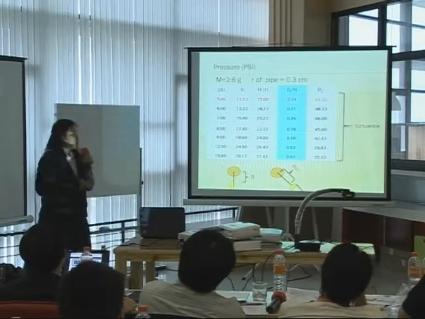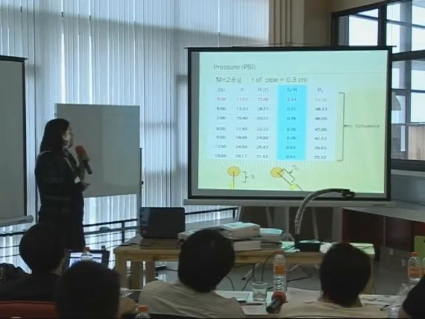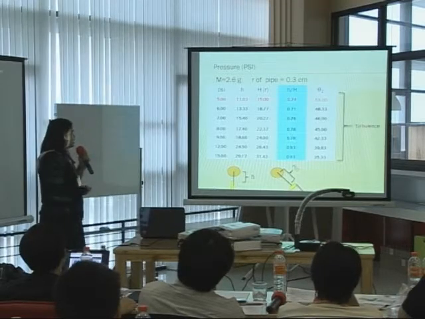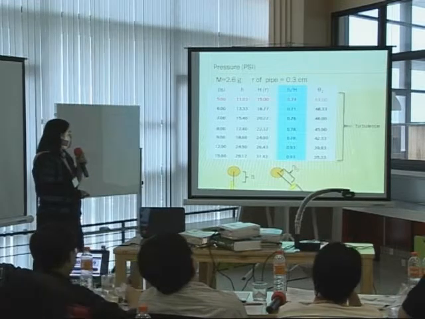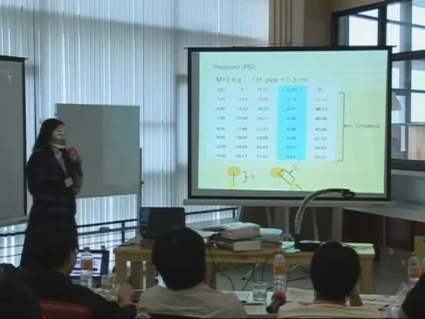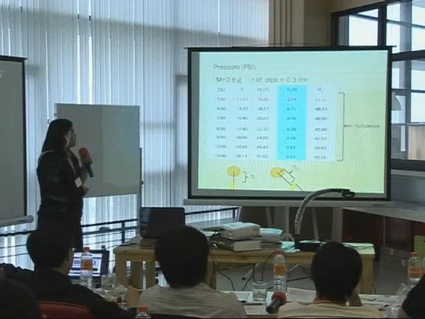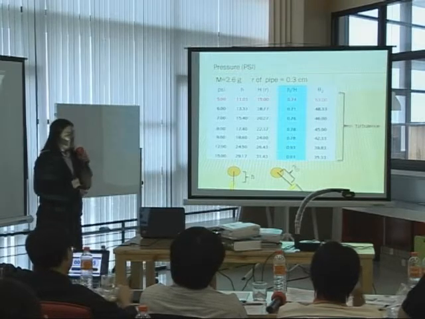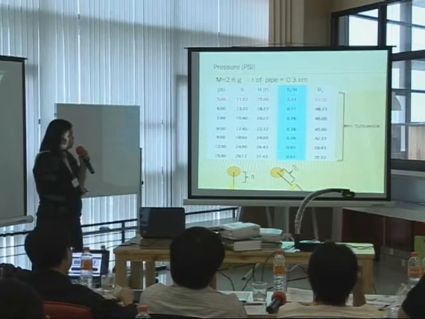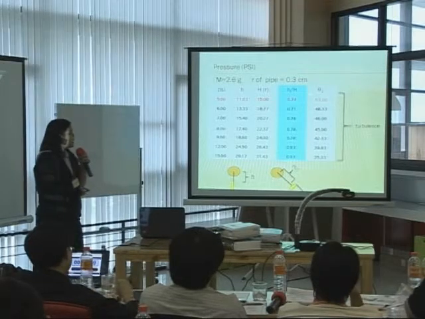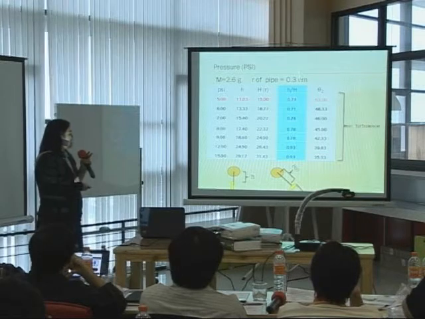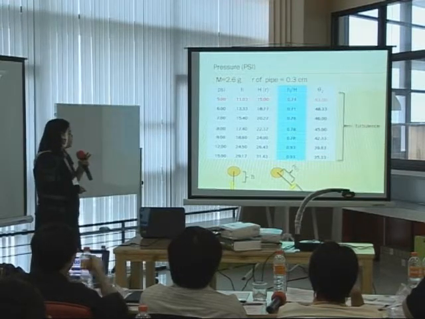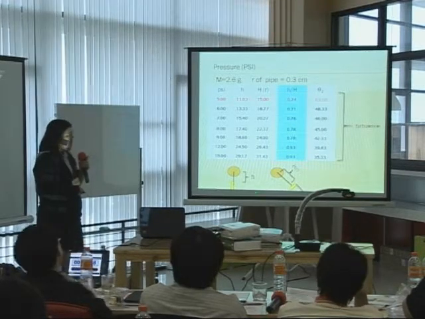Another parameter is the pressure, where I set the mass at 2.6 grams and R at 0.3 centimeters. From this, what I see is that the first pressure that is able to maintain the ping pong ball can form the highest maximum angle. I think there are two related reasons why it is like this. The first one, from observation, is the first edge on the direct air stream.